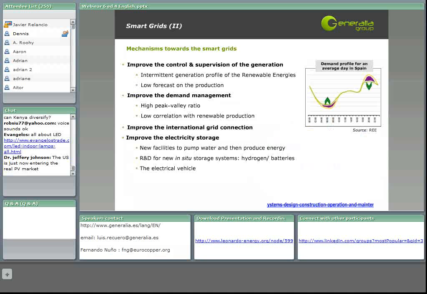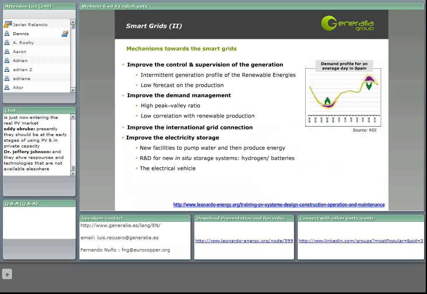So, to reach the goals in the previous slide, the governments have proposed the following mechanisms toward the smart grids. First, to improve the control and supervision of the generation, considering the intermittent generation profile of the renewable energies, which makes it difficult to forecast their production.